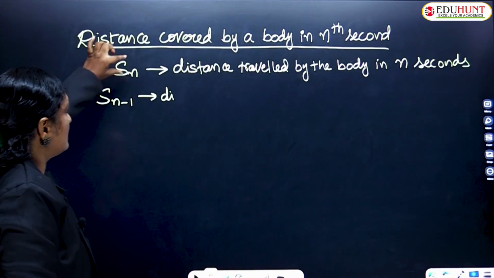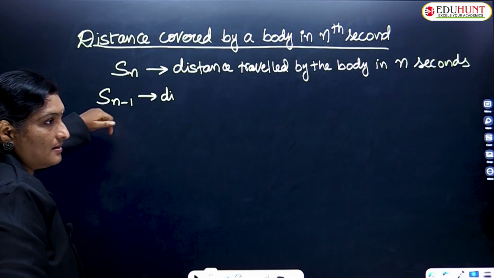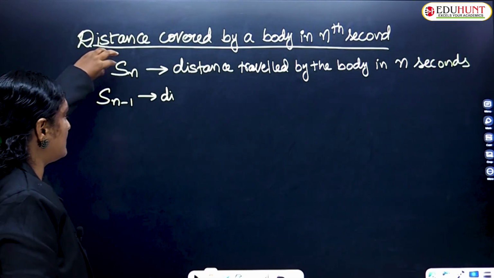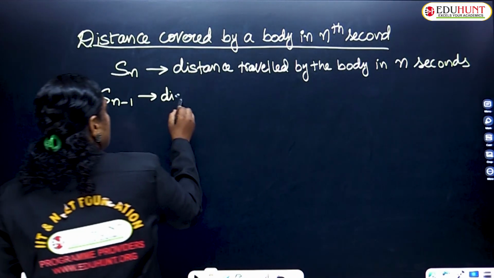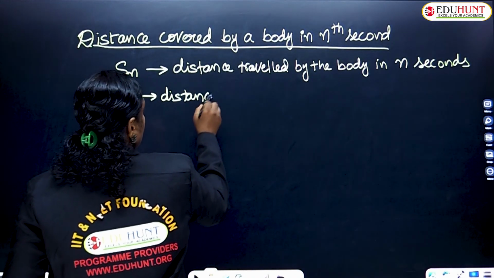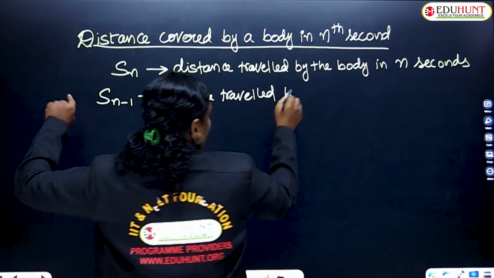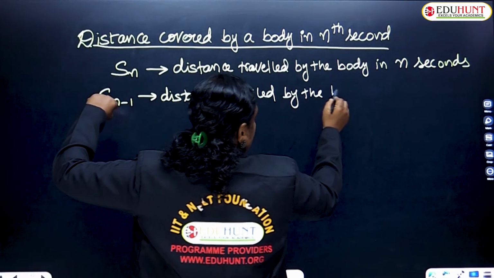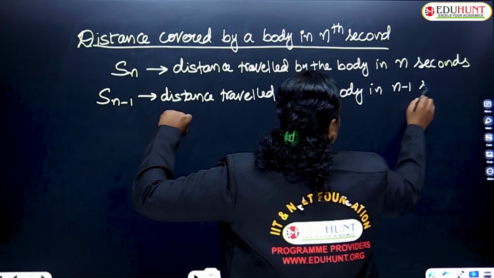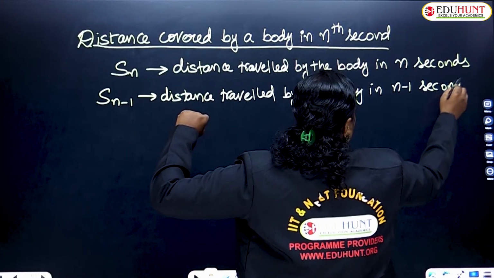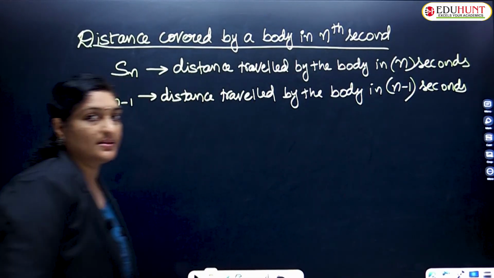Suppose it is 7 seconds, then this will be n minus 1, that is 6 seconds. It is the distance travelled by the body 1 second before that, in n minus 1 seconds. That was in total n seconds, and here only n minus 1 seconds.